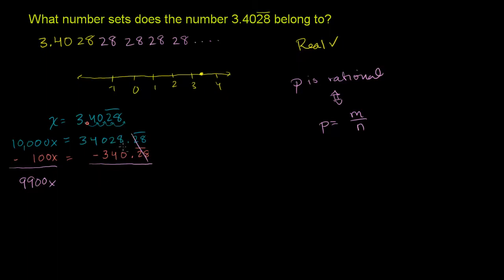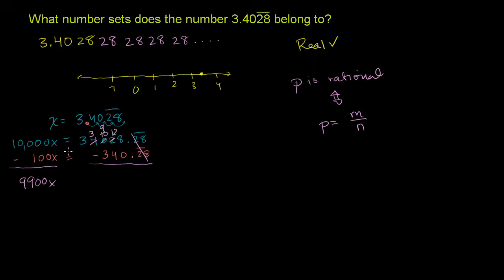Let's just figure this out. 8 is larger than 0, so we won't have to do any regrouping there. 2 is less than 4, so we will have to do some regrouping, but we can't borrow yet because we've had a 0 over there. And 0 is less than 3, so we have to do some borrowing. Let's borrow from the 4 first. If we borrow from the 4, this becomes a 3, and then this becomes a 10. And then the 2 can now borrow from the 10. This becomes a 9, and this becomes a 12.